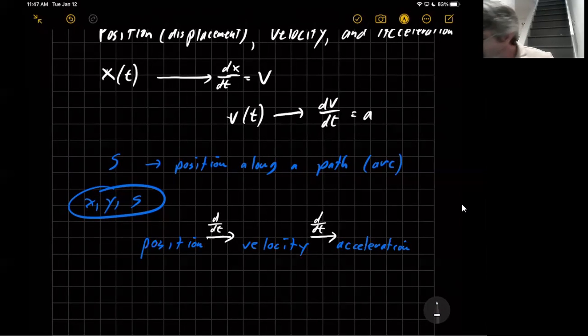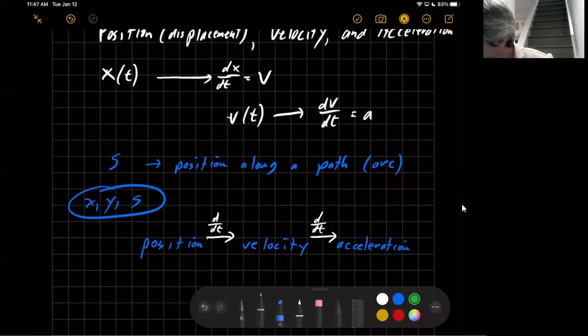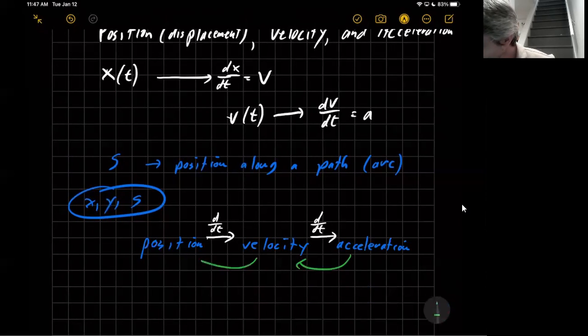Now, we can go, as I said, the other way by taking antiderivatives. If we know the acceleration of an object, we could figure out its velocity, and likewise, from the velocity, we could figure out the position.